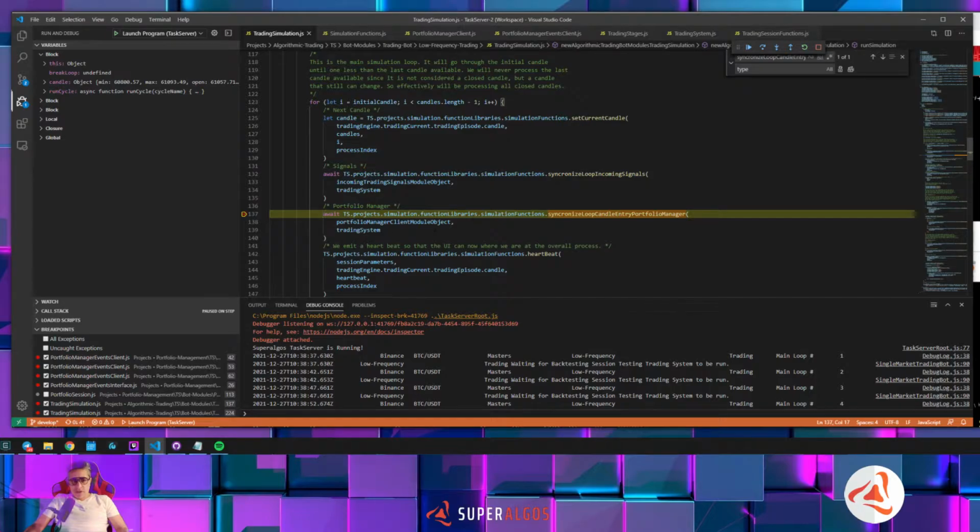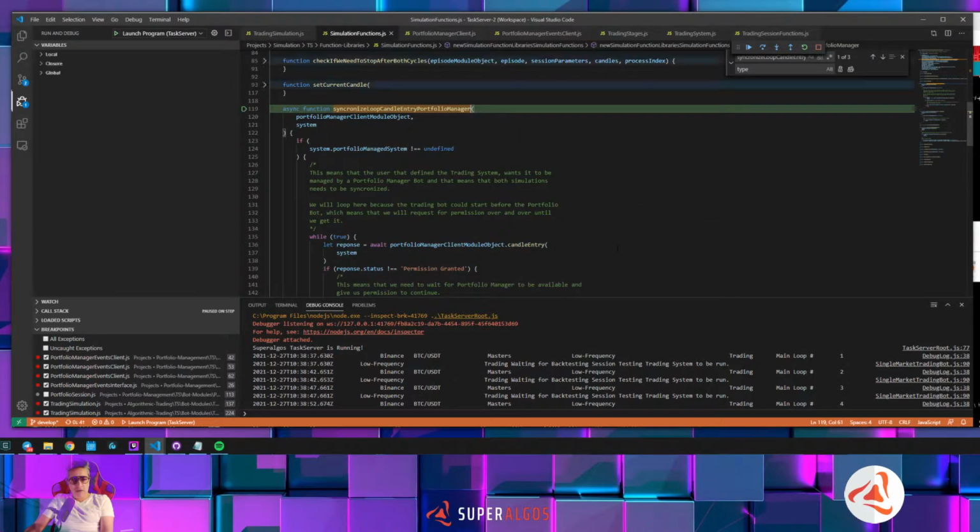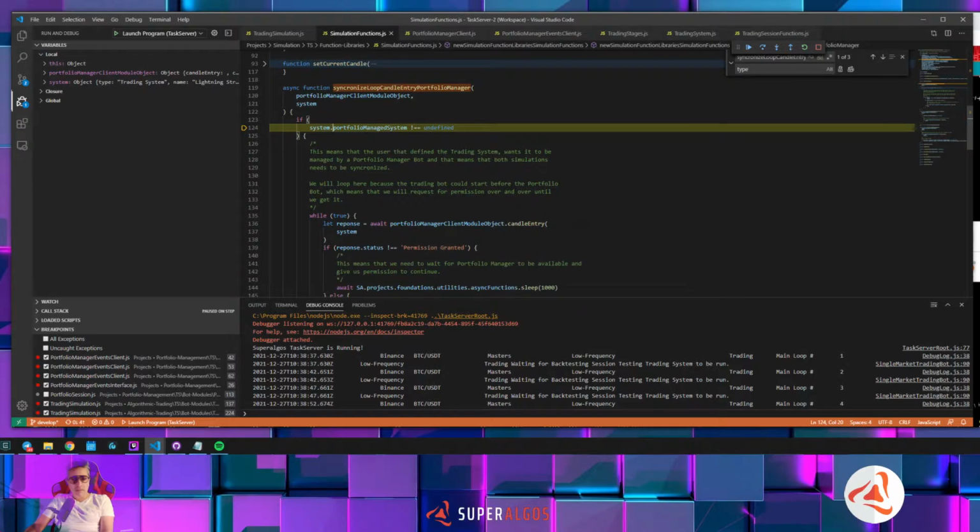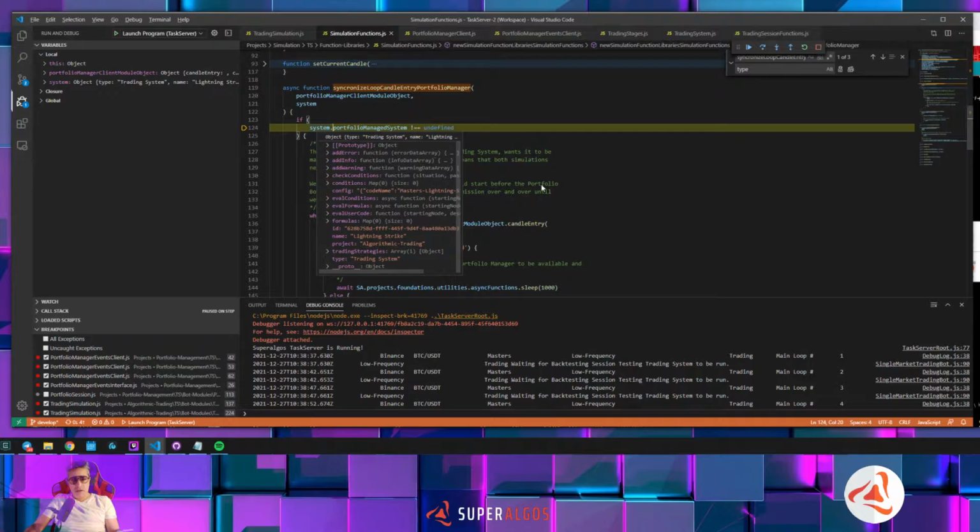So the first thing that happens here is that we need to synchronize the entry point. So this means that we enter into here. System portfolio management is undefined.